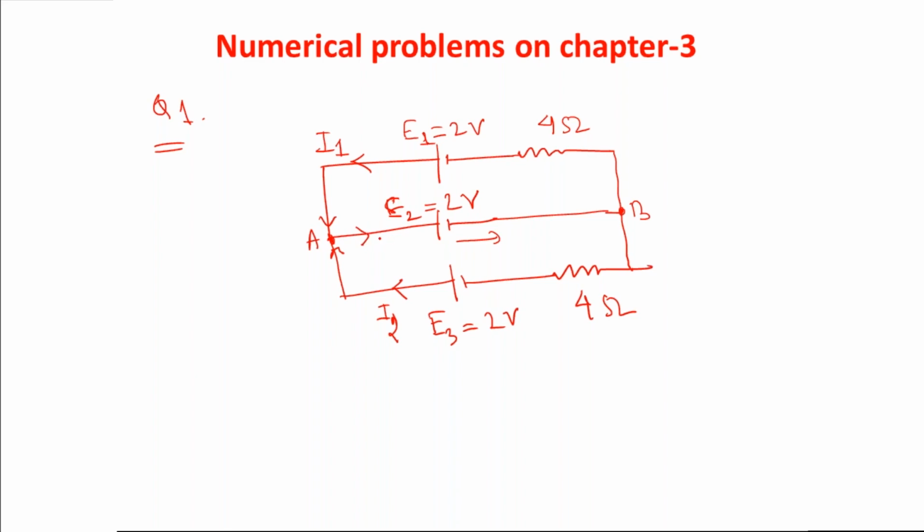So you look here. Upon coming here, according to Kirchhoff's current law, the same current has to go through this way from the junction. So this is I1 plus I2 flowing from A to B.